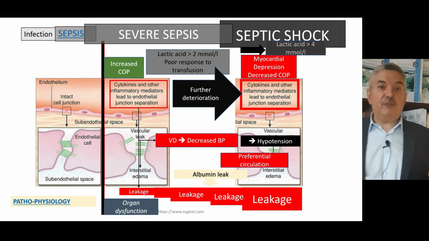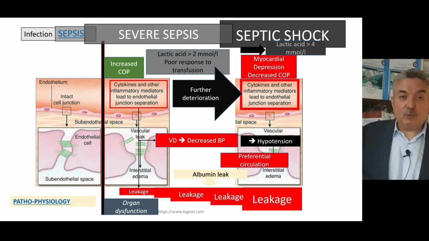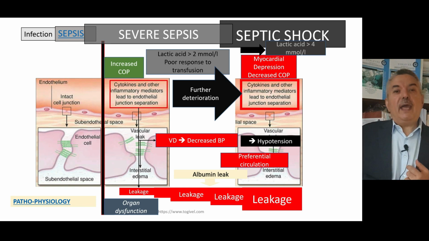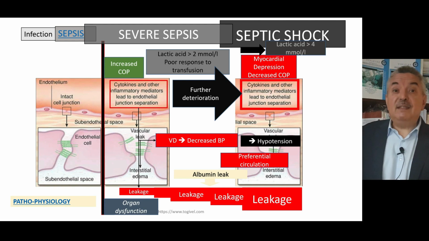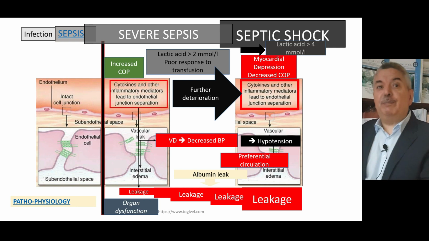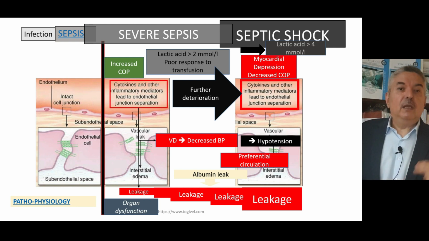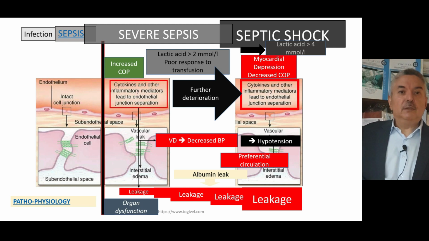So the major differences between septic shock and other types of shock is that in septic shock I have early organ dysfunction, I have hypotension that may occur early, and this, by the way, is early, but still it is a sign of septic shock. So what I'm saying is septic shock occurs early.